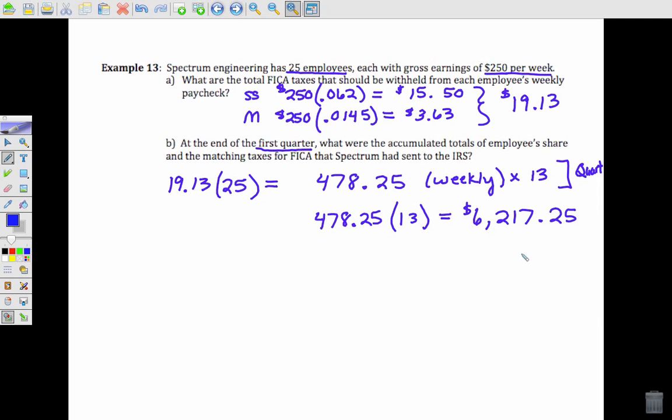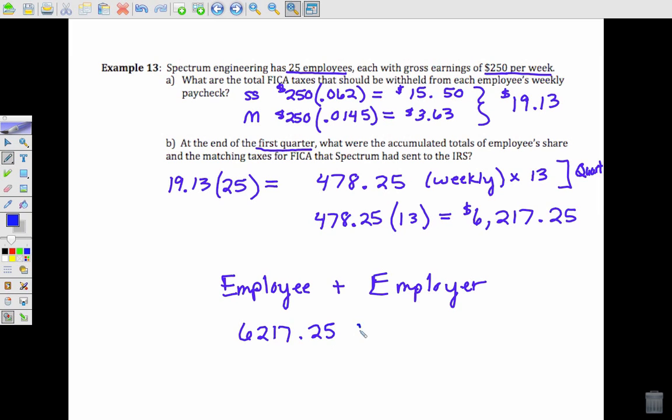This is coming from the employee. The employer has to match it. So employee plus employer, they're both $6,217.25, so we just have to double it.